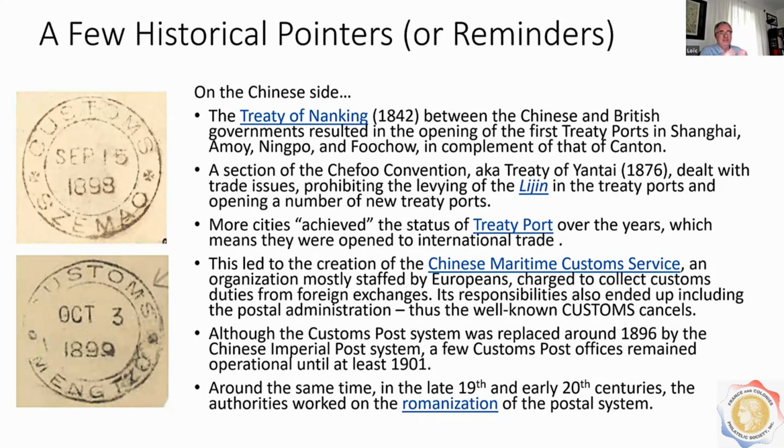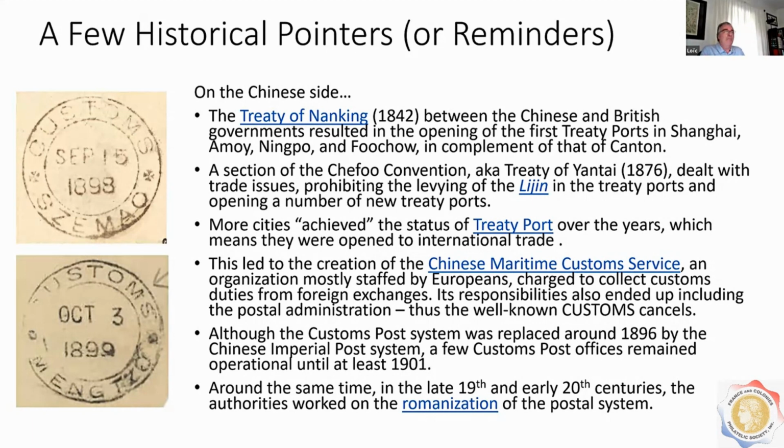And that led to the creation of something called the Chinese Maritime Customs Service, where most of the staff was European, at least at the management level. Those people didn't just take care of collecting taxes. They also started doing a lot of additional administrative duties, which included, at some point, managing the delivery of mail. So they became what is called a customs post.